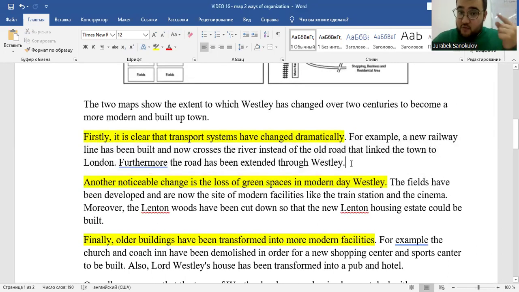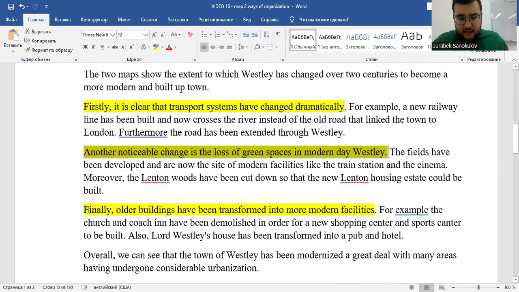That's one principle. And in the second body paragraph, look what they do. Another noticeable change is the loss of green spaces in modern day Westleigh. So now I know that this body paragraph is going to focus on the loss of green spaces. And in the final paragraph, older buildings have been transformed into more modern facilities.